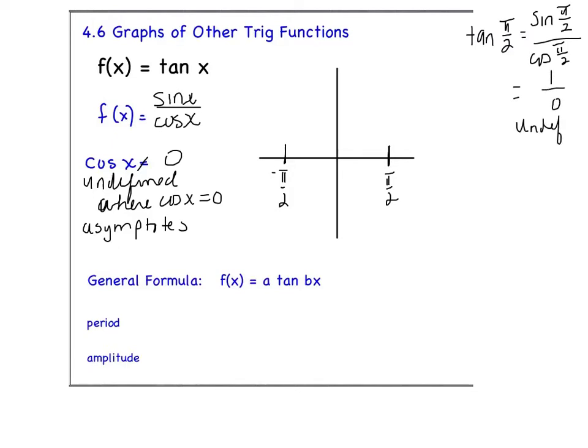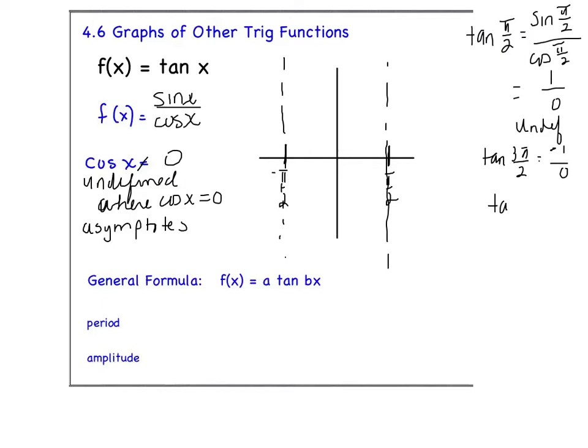So at pi over 2, there's going to be an asymptote. At negative pi over 2, that's just the same thing as 3 pi over 2. And so, of course, the sine of 3 pi over 2 is negative 1, and the cosine of 3 pi over 2 is 0, once again undefined. So we have our asymptotes.